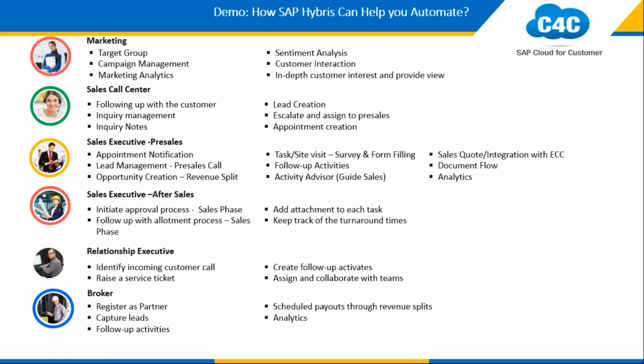You can define a process in such a way that your after sales functionality can fit into it. Then there's a relationship executive, broker, I mean to say channel partner management. It is there in C4C. There is also a utility feature added in SAP C4C, which you can integrate with IS utilities.